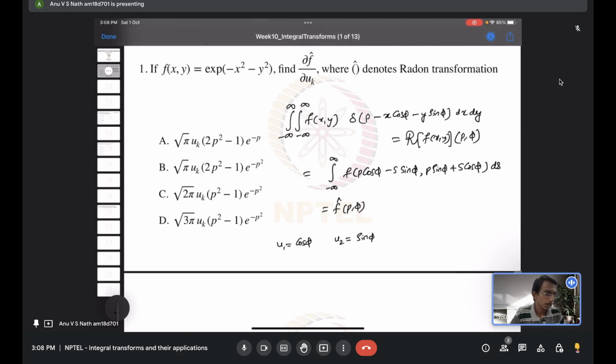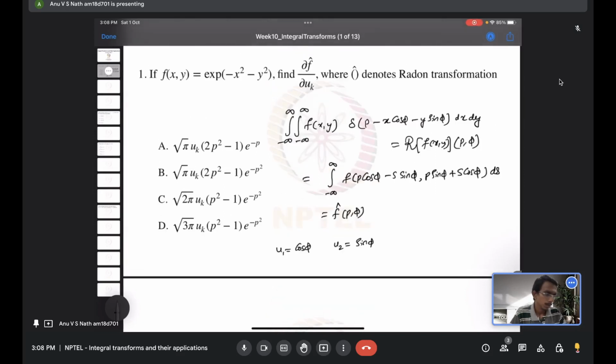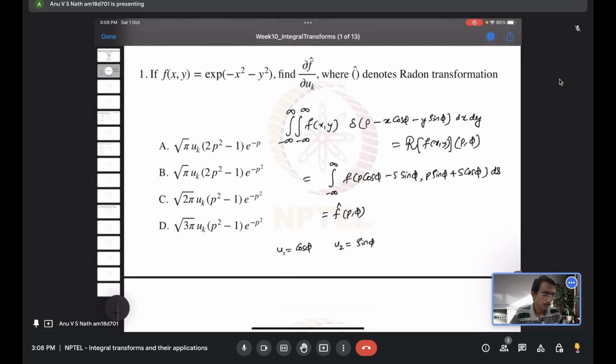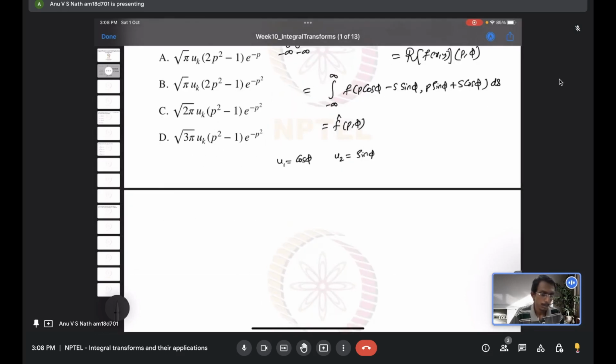One of the properties we can use, if you have watched the videos, you might have noticed this property: let's say there is a function f, its Radon transformation is f cap of p comma phi, then its derivative with respect to any of the direction cosines can be evaluated as, let me write the property.